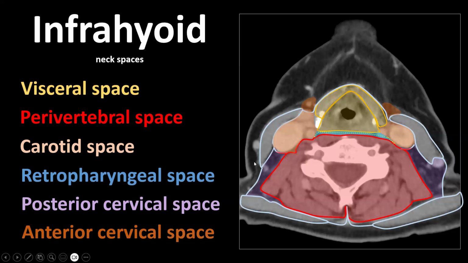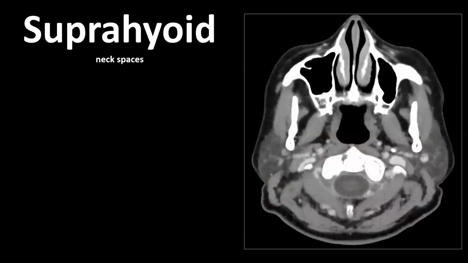And then we have a very small space located anteriorly, which is not completely lined by fascia and contains mainly or almost only fat and is called the anterior cervical space. It is not that important. I included it for the sake of completeness. So these are the spaces of the infrahyoid neck as determined by the deep neck fascia.